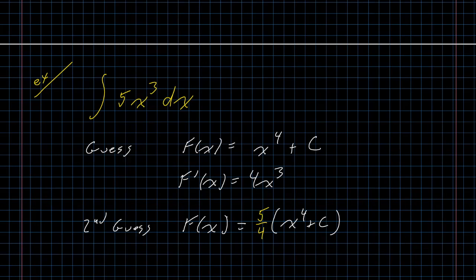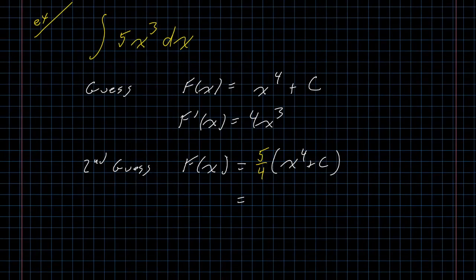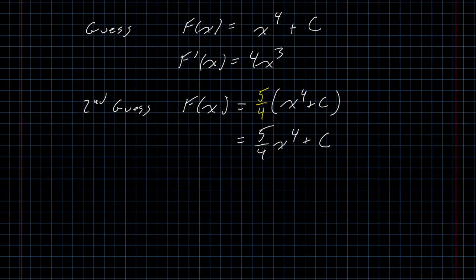And here's where I get to be a little bit cute, because if I distribute here, 5/4 times x to the fourth, plus 5/4 multiplied times an arbitrary constant. Well, if the constant is whatever I want it to be, and then I multiply by 5/4, that just means I had to have chosen the constant a little bit more carefully in the first place, but I can still get that result to be anything I want it to be. It's still an arbitrary constant.